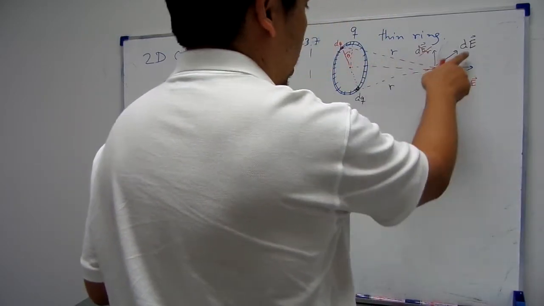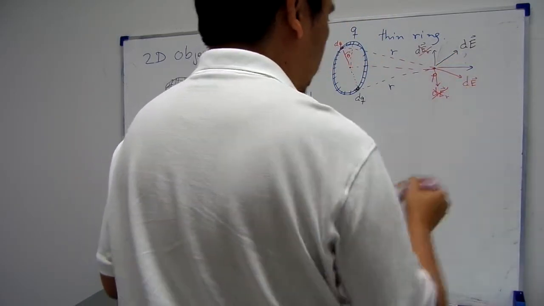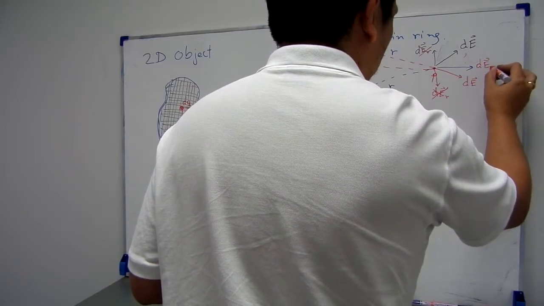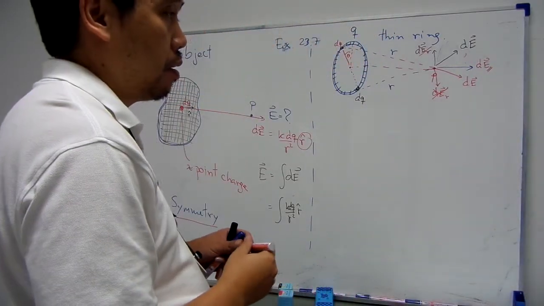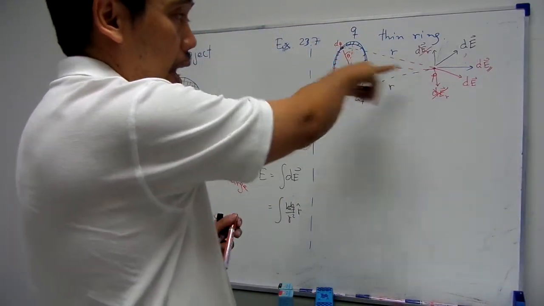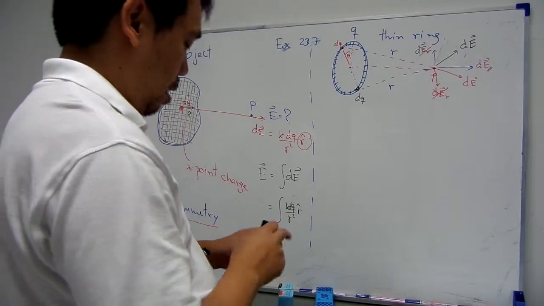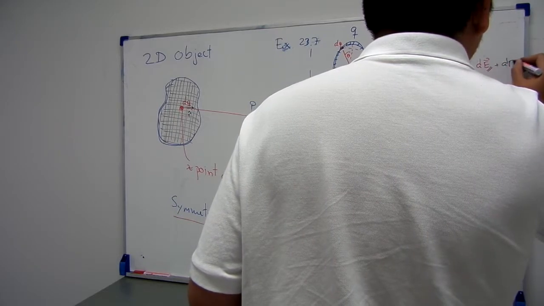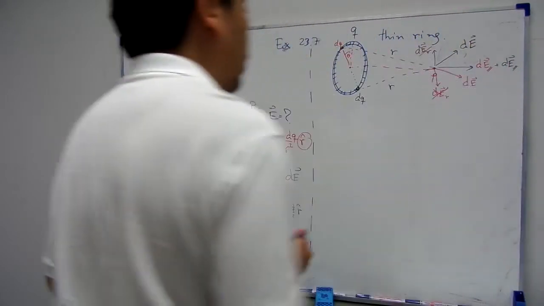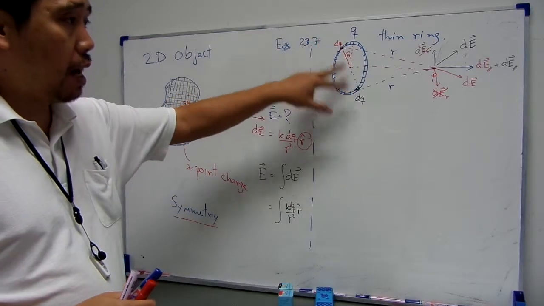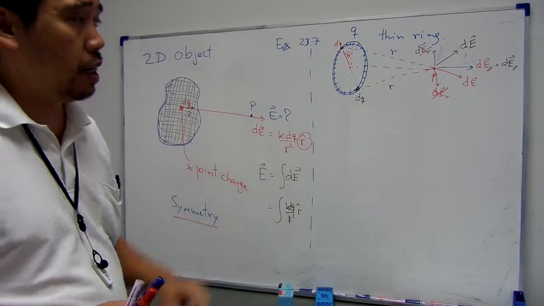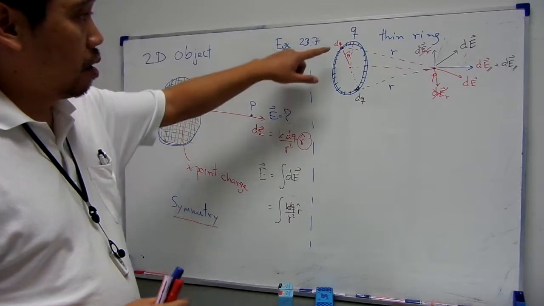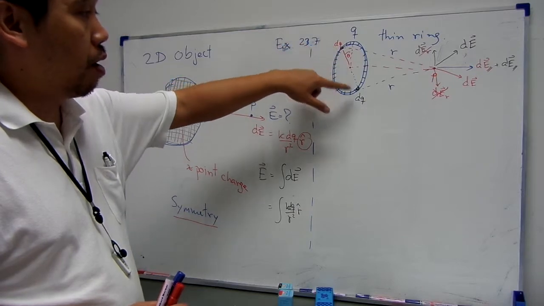When we sum the black dE and red dE, we have the sum of the dE along the axis. I call it dE parallel, because this is parallel to the axis of the ring. Okay, so this is just for one pair of the dq on the ring.